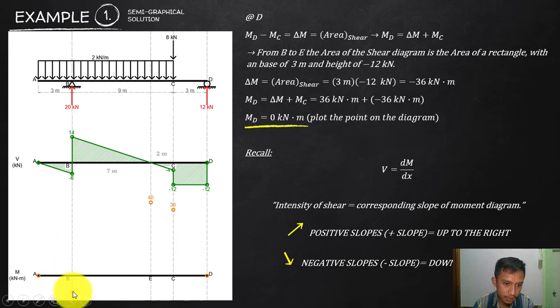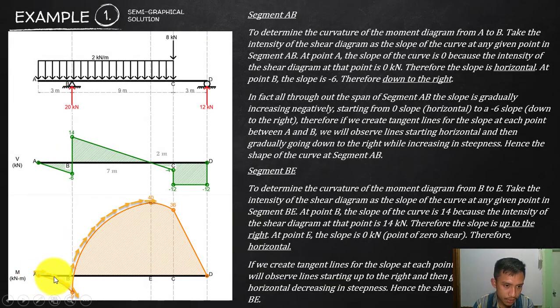If I connect that one, you will have this. Again, from 0, a flat line, to a -6. Your slope is -6, so that is a line going down. Connect that one slowly, and you will end up with a curve.